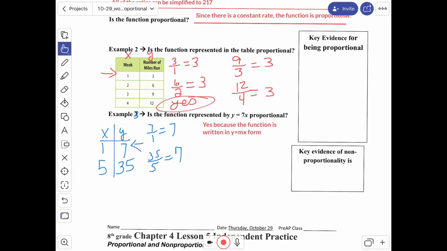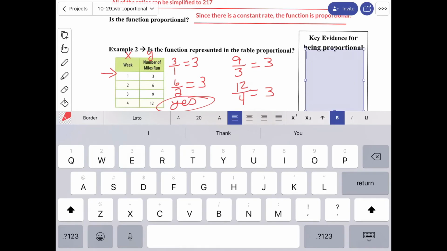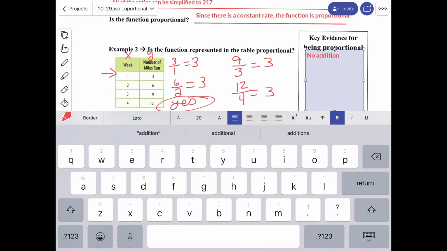Yes, this is proportional because the function is written in y equals mx form. Anytime it's written like that, just with y equals something times x, that will be proportional. Key evidence for being proportional is no addition, if the problem doesn't contain any addition.